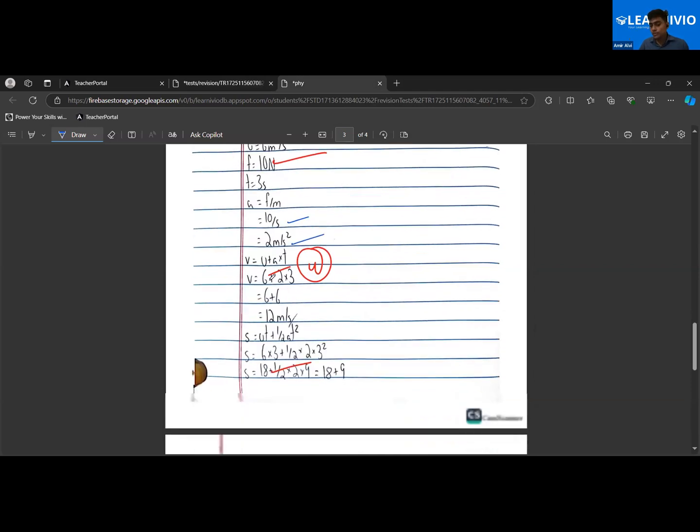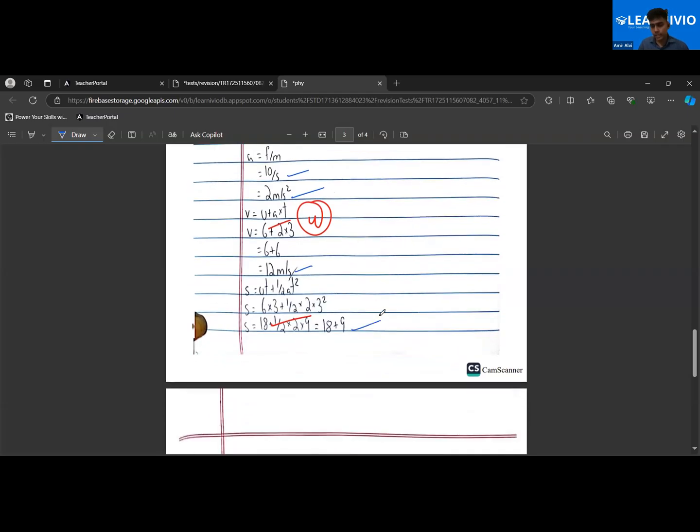Then you have implemented the equation of motion, V equals U plus AT, from the first equation. Actually, one more thing, Hanan. Always write the unit, at least m, because after that it will say this is the quantity. If you just write the number, there is a chance that the teacher will find a way to cut the marks.